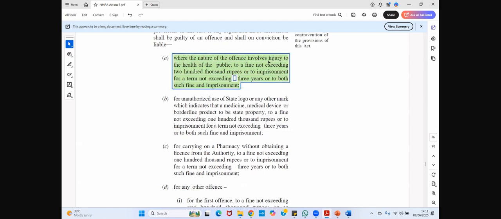If it causes injury to the health of the public.